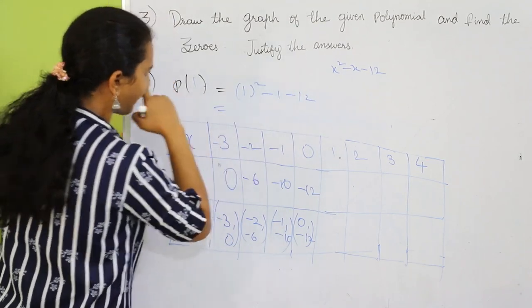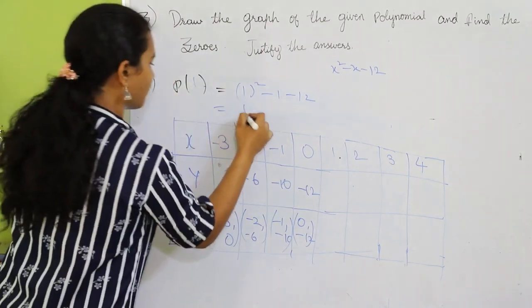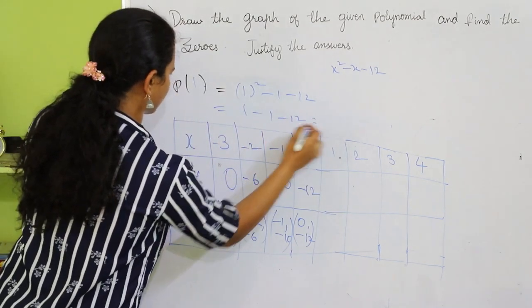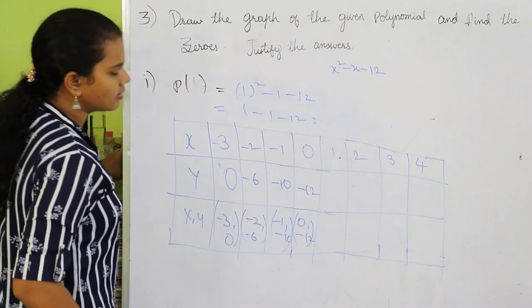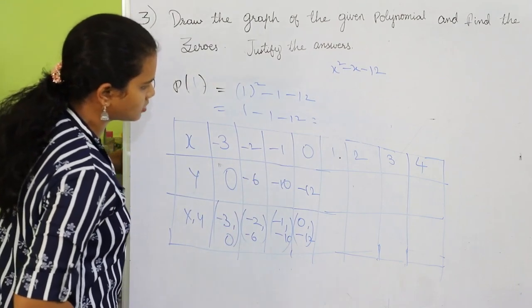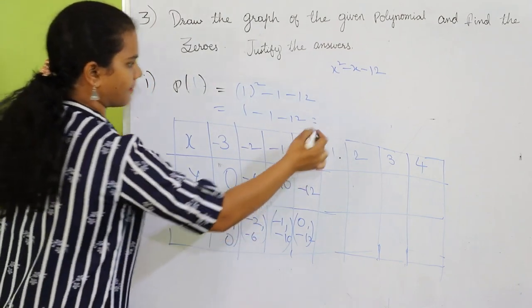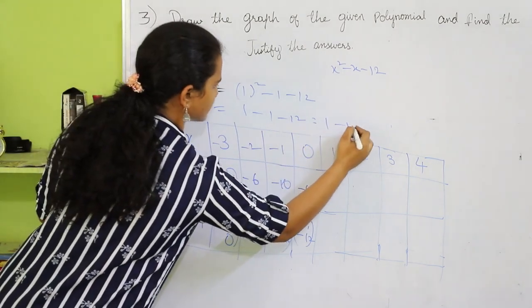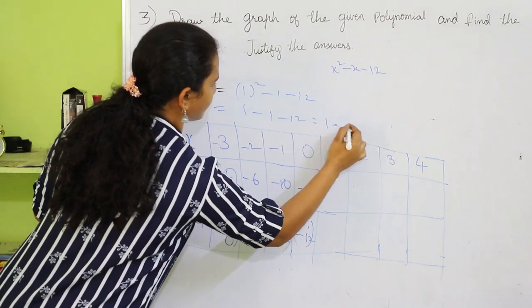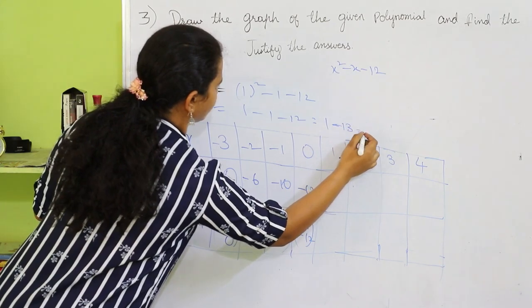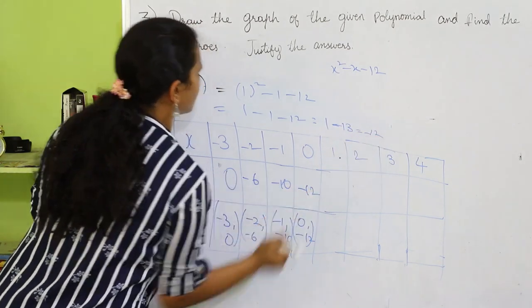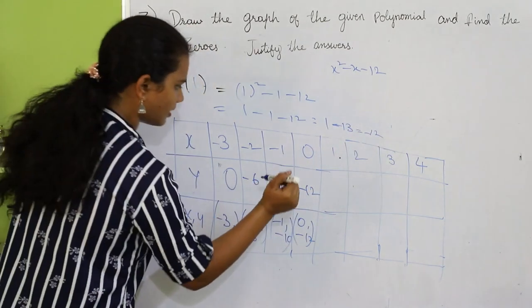So 1 minus 1 minus 12 gives minus 12. Clear? So therefore 1 comma minus 12.